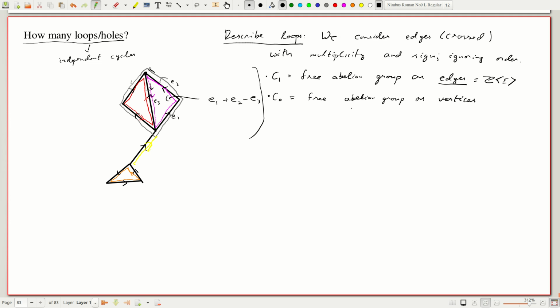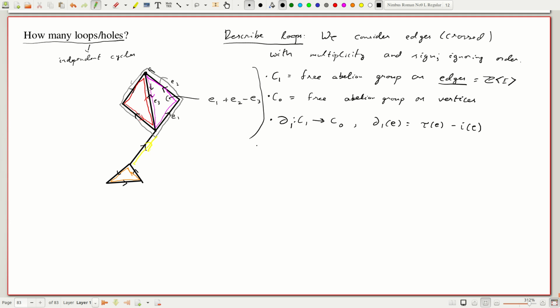You could be entering a vertex or exiting a vertex, and that is given by a boundary map from C1 to C0. This is called del 1 because it's going from C1, and del 1 of E is going to be the terminal vertex of E minus the initial vertex of E. All this I'm doing geometrically. Formally we will look at simplicial complexes where we have this setting.